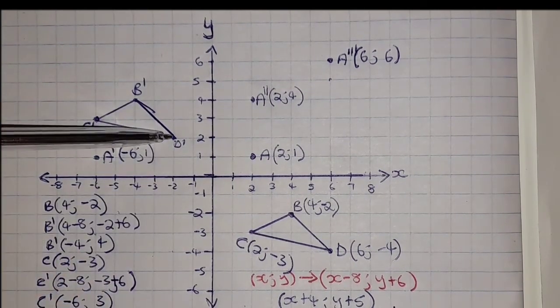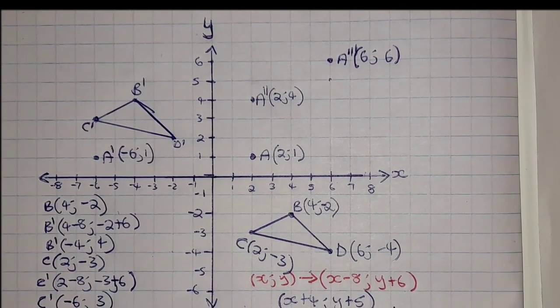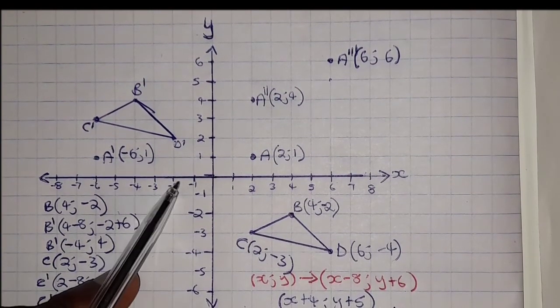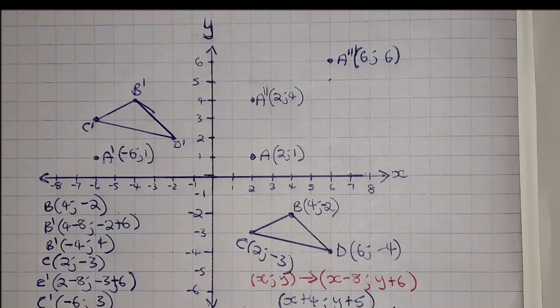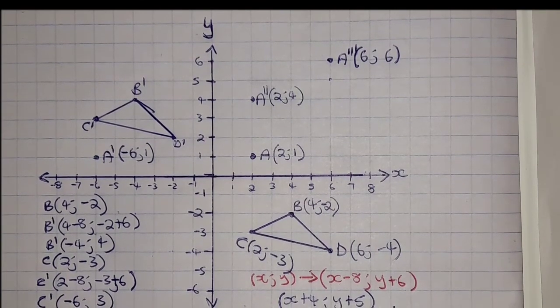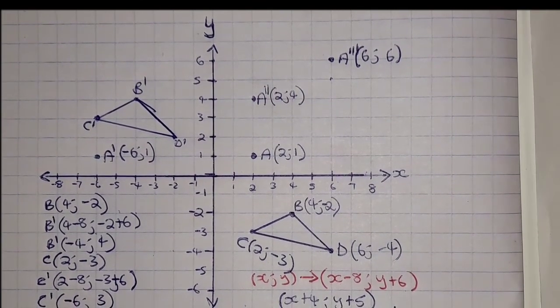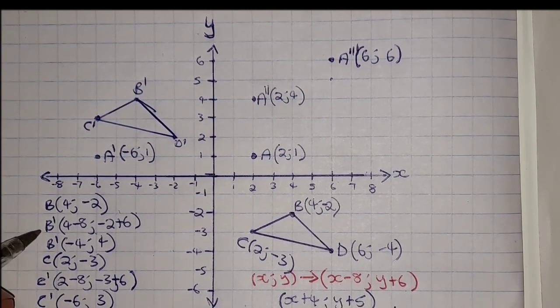So the coordinates of the image of D is negative 2, 2. These are our coordinates. That is B, and then we have C, and then we have D.